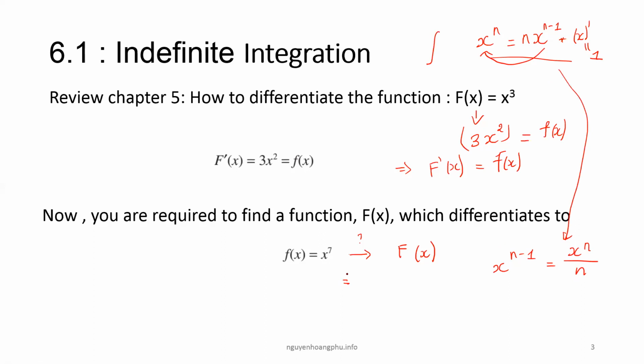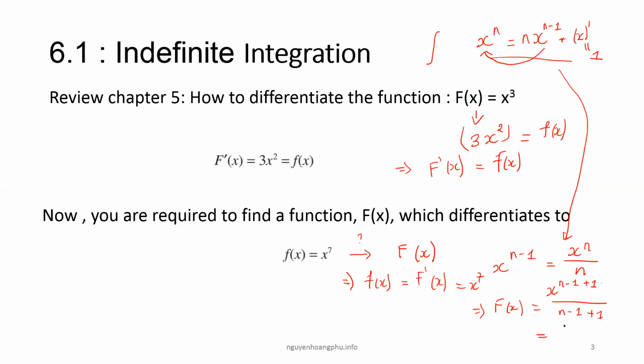Therefore, if f(x) equals x^7, so n minus 1 is equal to 7. Therefore, F(x) needs to be x^(n-1+1) divided by (n-1+1).